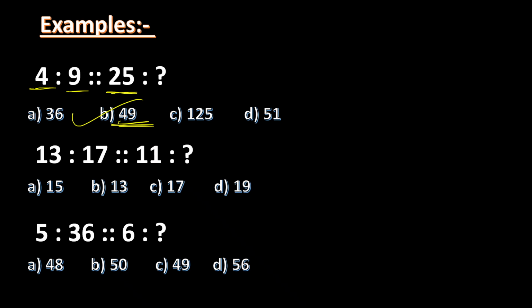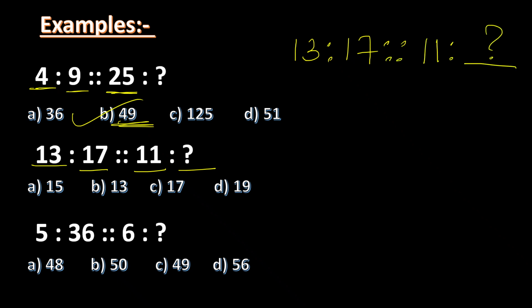Next one you see: 13 is given, then 17. 11 is given, and what comes next? They have asked. So you have 13 is to 17, then you have 11, then what comes next?